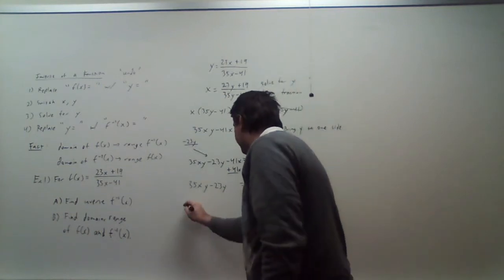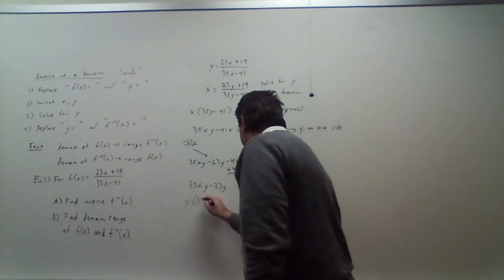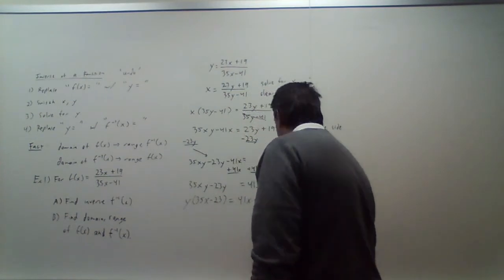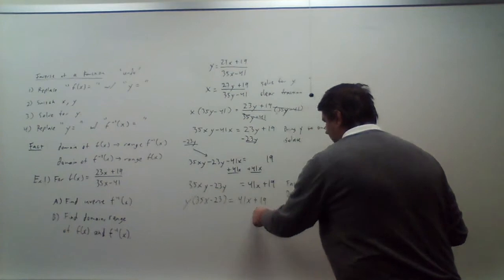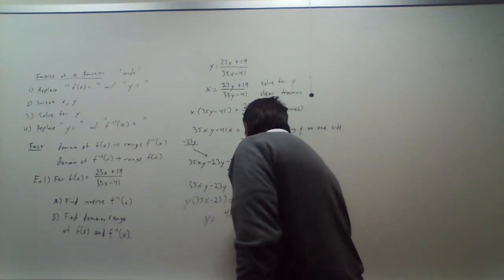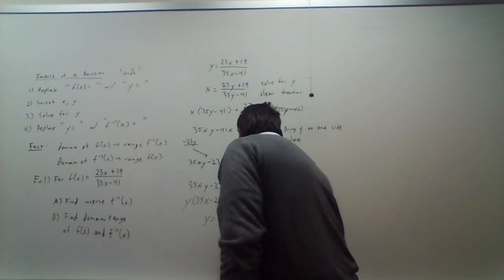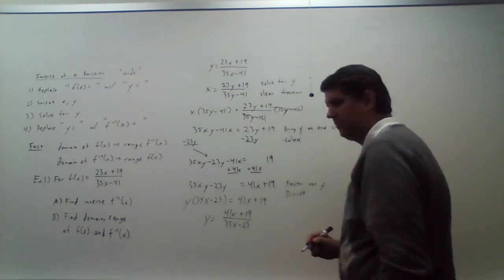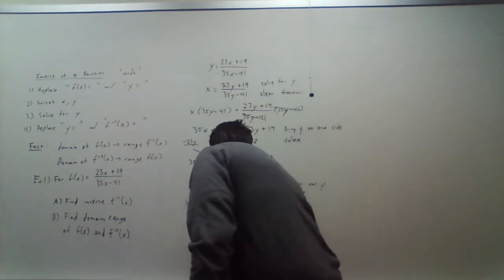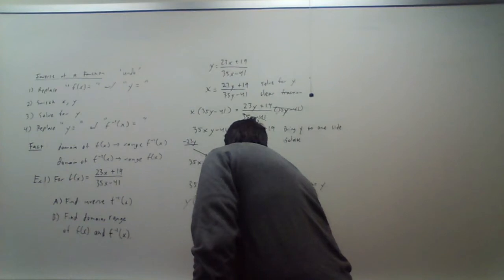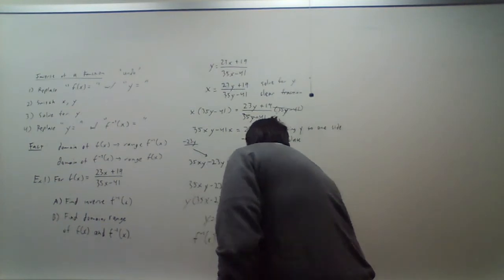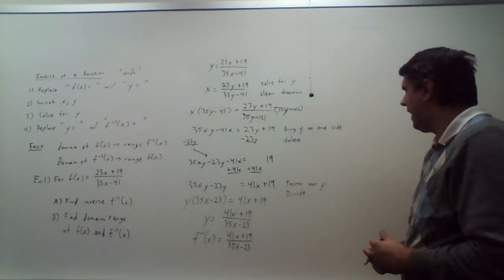So factor y out of these two terms, I end up with (35x minus 23) on this side, and this is 41x plus 19. Divide. So y will equal (41x plus 19) over (35x minus 23). Final adjustment, f inverse. And there we go.